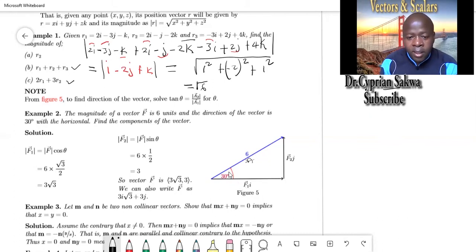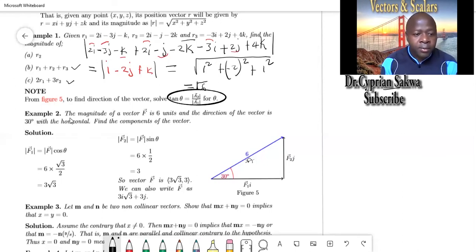So that's why I've said that to find the direction of vector A, you just need to solve tan theta, which equals opposite over adjacent, where the opposite is the y component, and the adjacent is the x component. You solve for theta in this equation here.